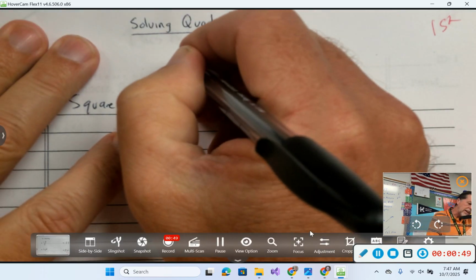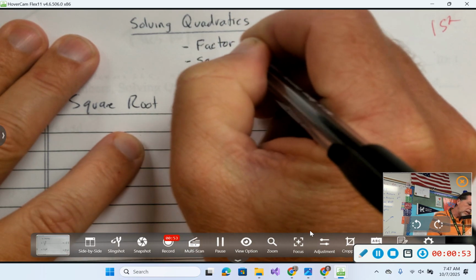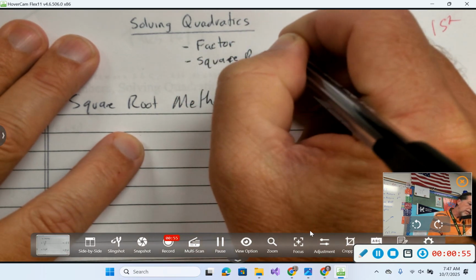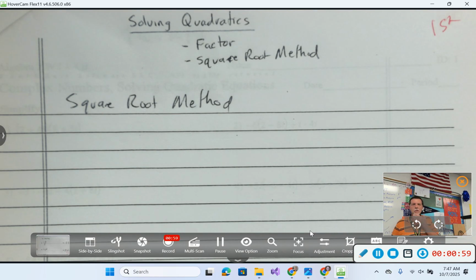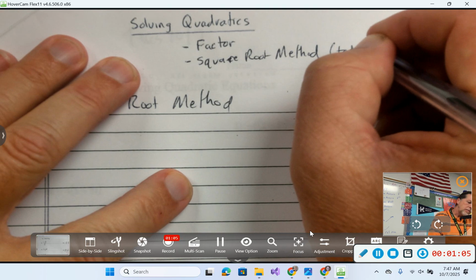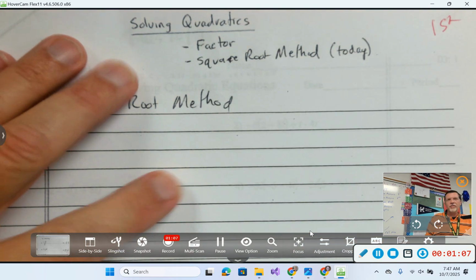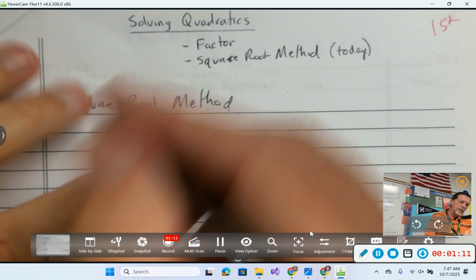I've done that a lot. Today we're going to do the square root method. Probably the easiest method. The trouble is it doesn't always work. Or you can't always use it. I guess I should phrase it that way. If you're eligible to use it, it works, but you're not always eligible to use it.